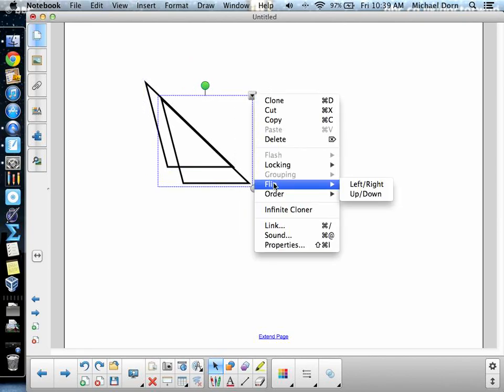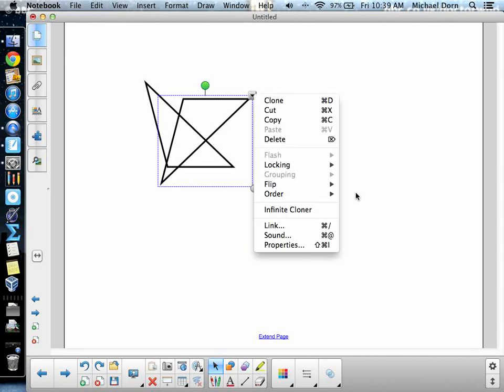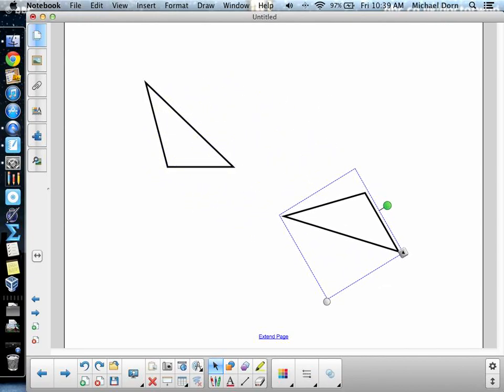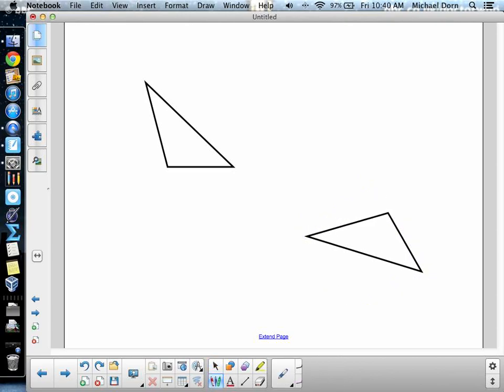And we'll flip that up down and we'll rotate it. So A, B, C, Q, R, L. Those are my triangles. And let's say we're told that they are similar triangles.